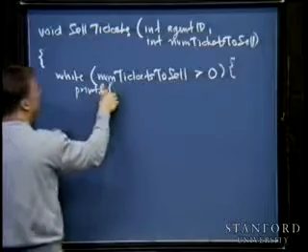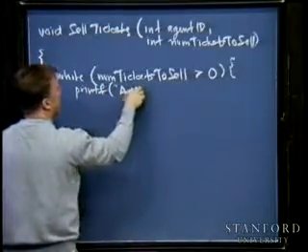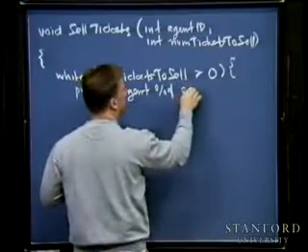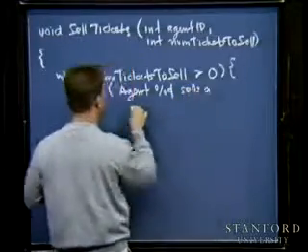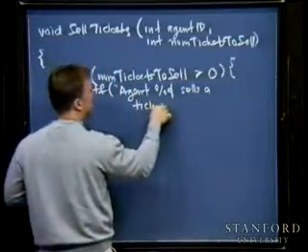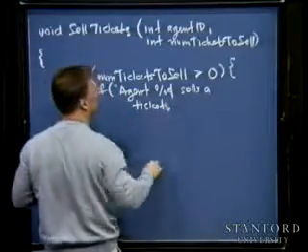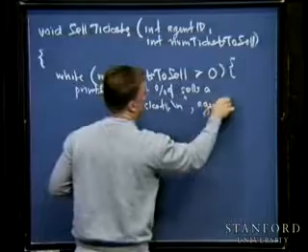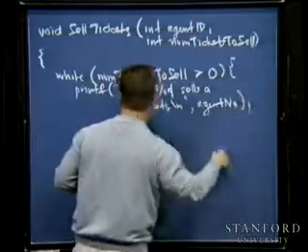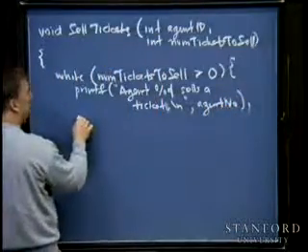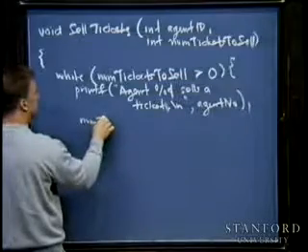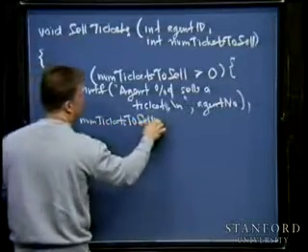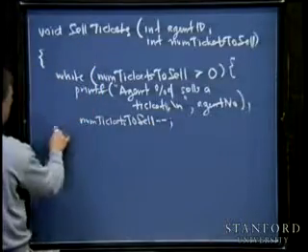printf agent %d sells a ticket. Whoops, agent number, and then num tickets to sell minus minus.